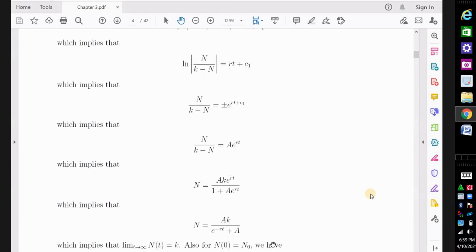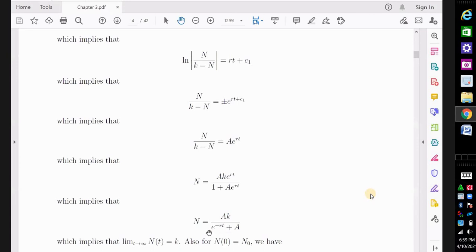Now from here you can see if you take the limit t approaches infinity, then this is just 0. So the limit as t approaches infinity of n is the limit of ak over exponential minus rt plus a. When t approaches infinity this becomes 0. So ak over a, so this is just k. So the limit of this is k as t approaches infinity.